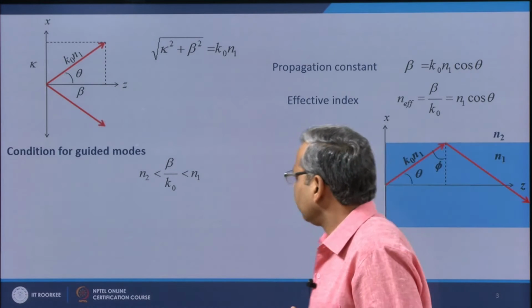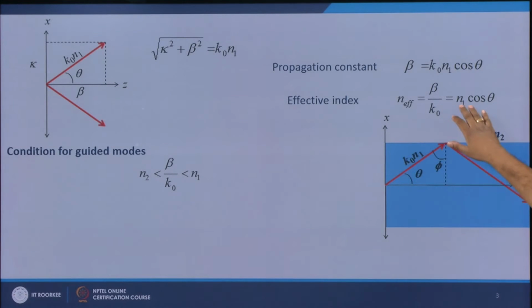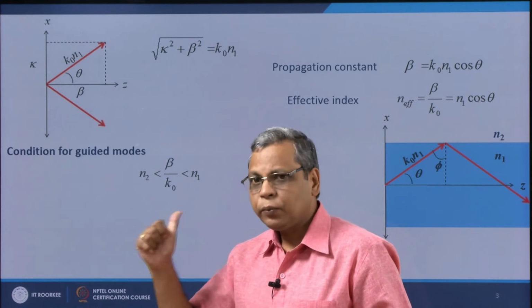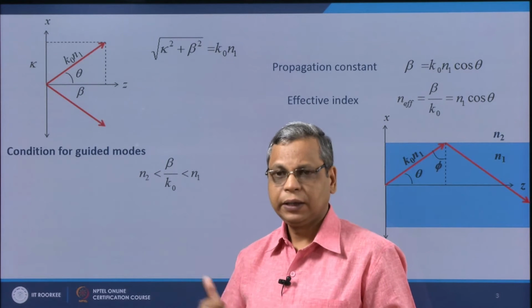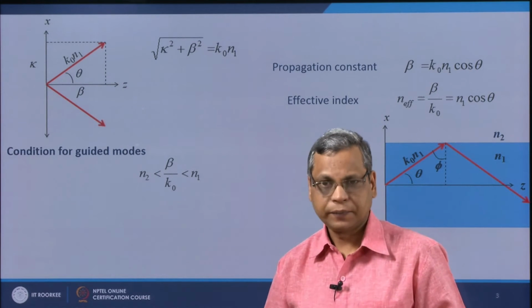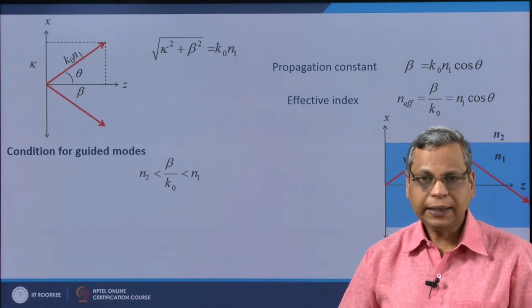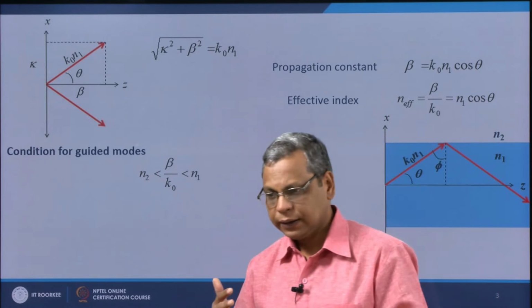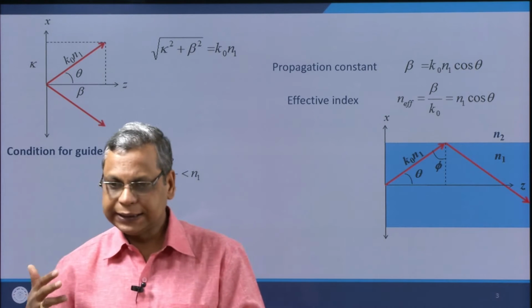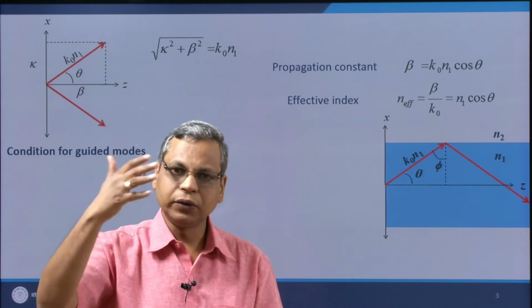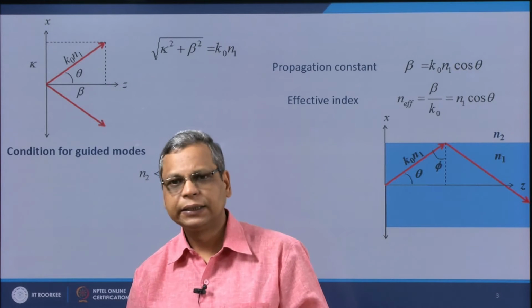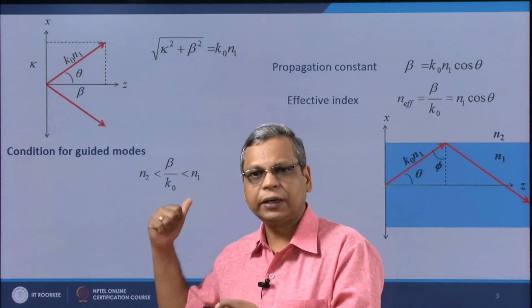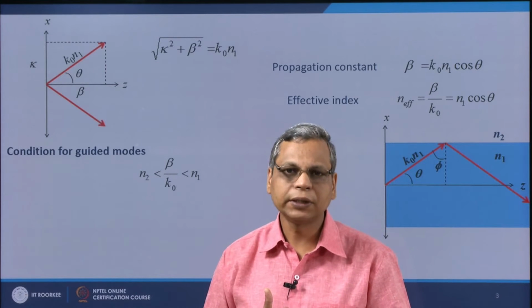So, this n effective is nothing but n1 cos theta. It is the component of the plane wave k naught n1 in the z direction. The effective refractive index as the distribution of field into two regions is also not rigorously correct, in the sense that I cannot get the effective index from the field distribution in that way.